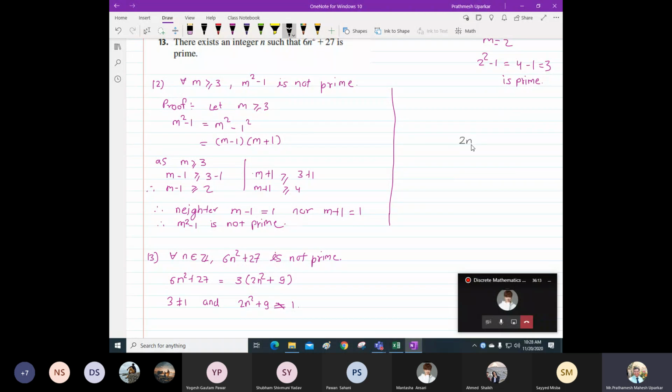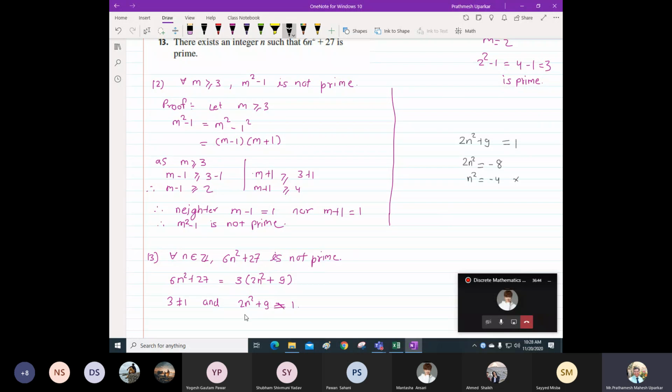If I think that 2n square plus 9 equal to 1, then 2n square must be equal to minus 8, that is n square must be equal to minus 4. किसी भी इंटीजर का स्क्वायर निगेटिव हो सकता है क्या? No, sir. This is not possible.